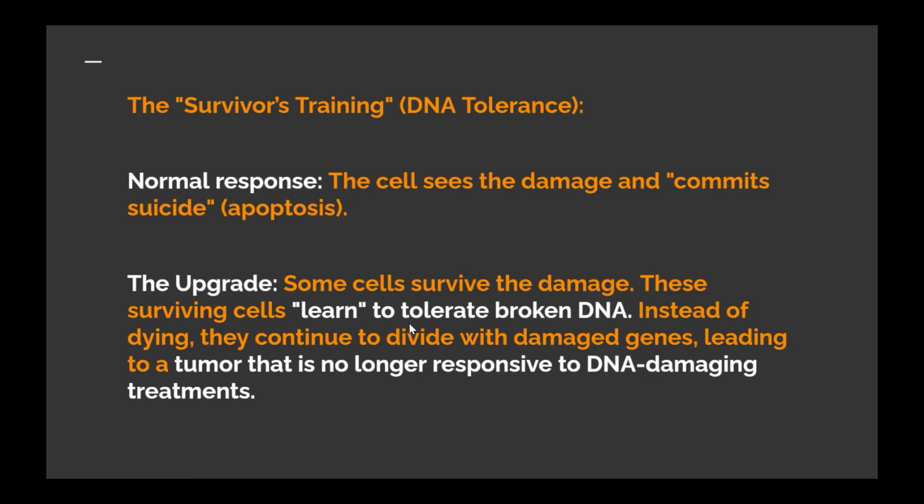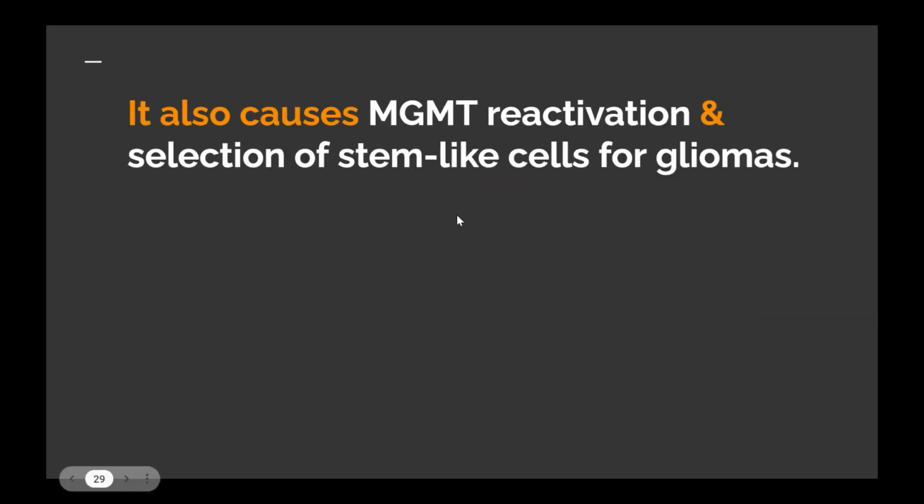These surviving cells learn to tolerate the broken DNA. Think of them as handicapped cells, but they go on living, they do not die. Instead of dying, they continue to divide with damaged genes, leading to a tumor that is no longer responsive to DNA damaging treatments. It also causes MGMT reactivation and selection of stem-like cells for gliomas.